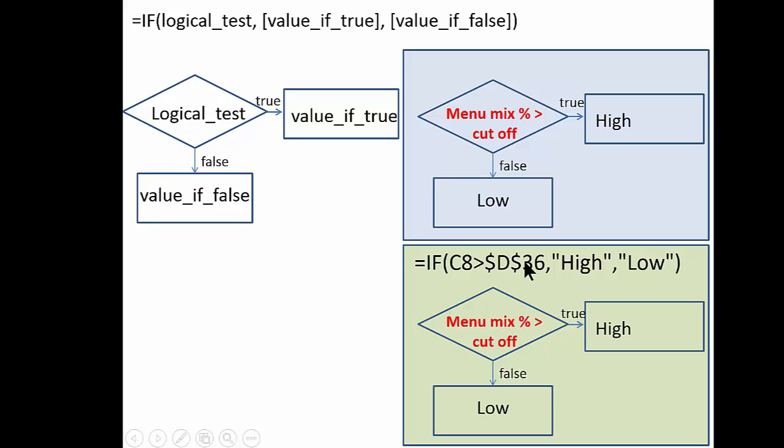Now this means an absolute address. Then we will give a high. Make sure that you put a quote before and after high, that means Excel will return a text. Otherwise that's low.